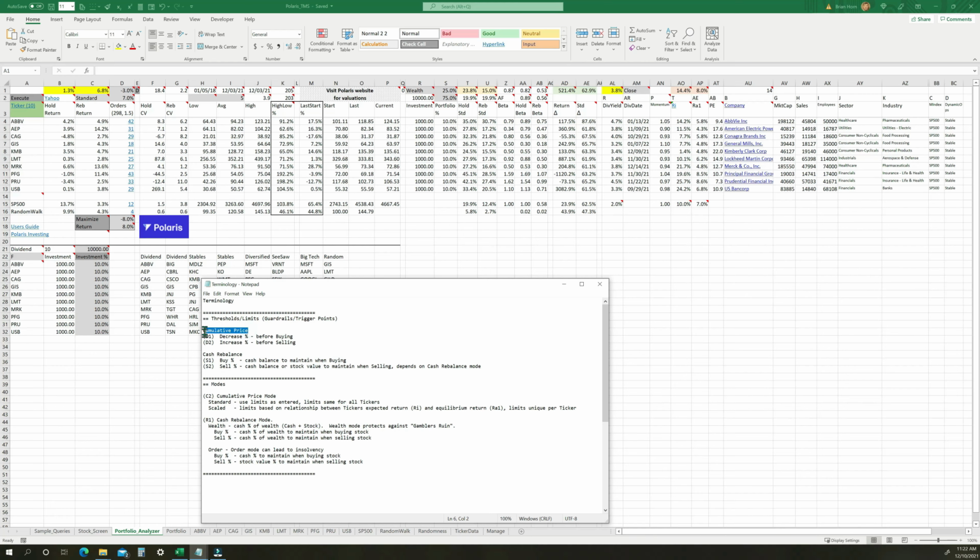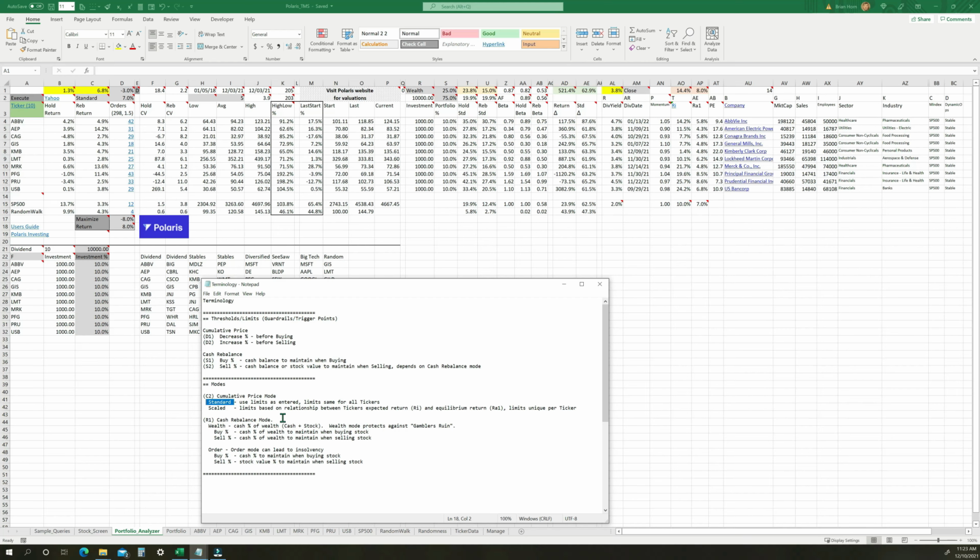Each one of these sets of thresholds operates under different modes. Cumulative price change modes are standard, scaled, or off, and are set in cell C2. Scaled results in a unique set of thresholds for each ticker, whereas standard results in thresholds that are the same for all tickers. The majority of the time, the mode is set to standard.